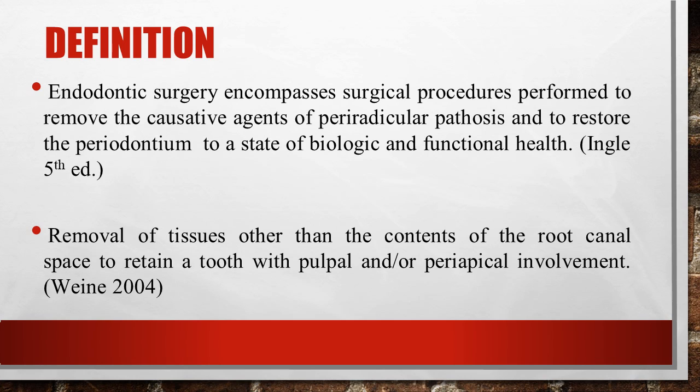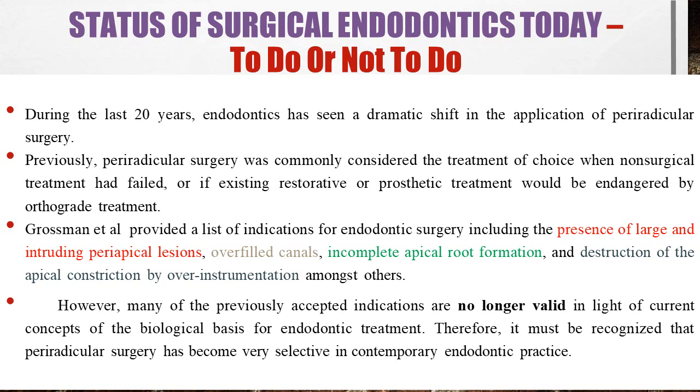Your causative agents for periradicular pathosis are bacteria and the byproducts of the bacteria, that is the toxins, and you want to restore the periodontium to a state of biologic and functional health. So you wish to clean the area, make it sterile, remove all the granulation tissue which will be formed because of the byproducts and the toxins of the bacteria, and you wish to restore it to biologic and functional health. Okay.